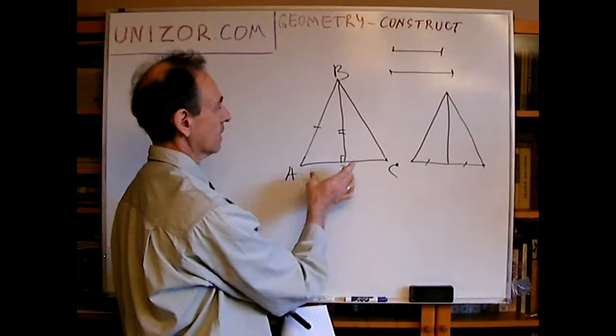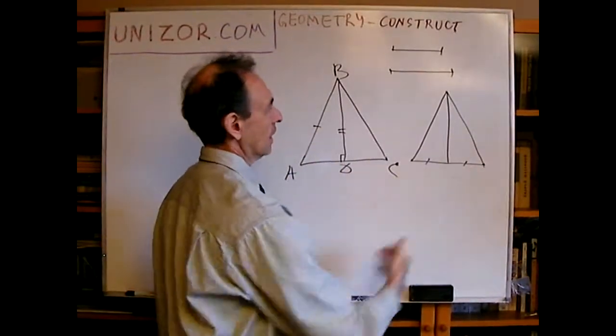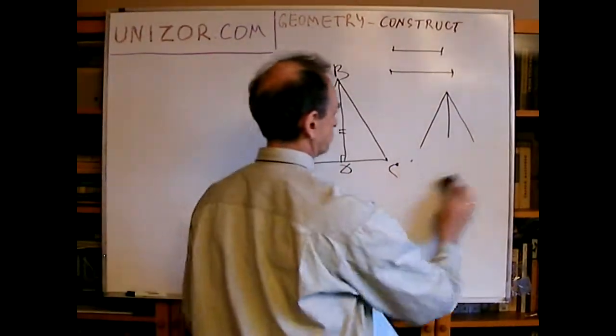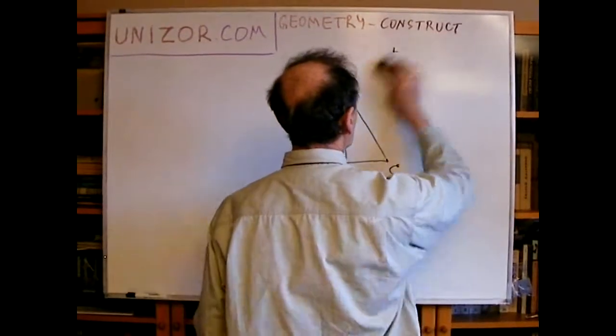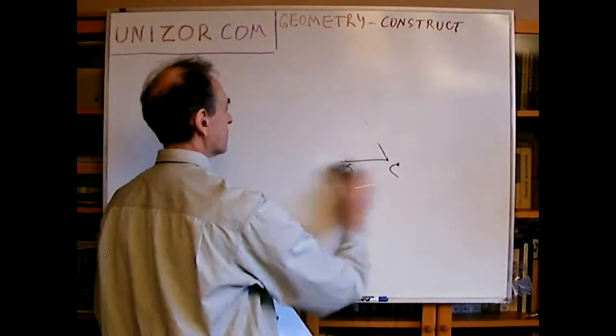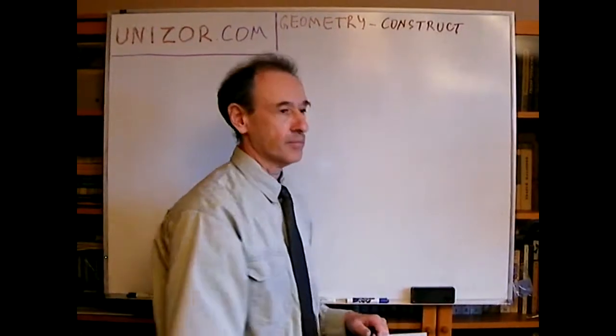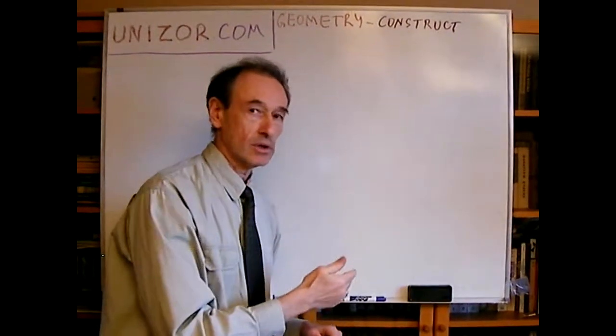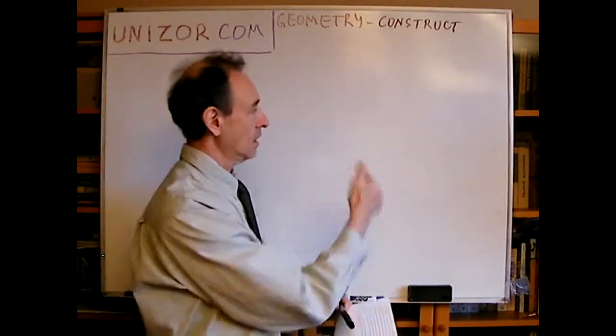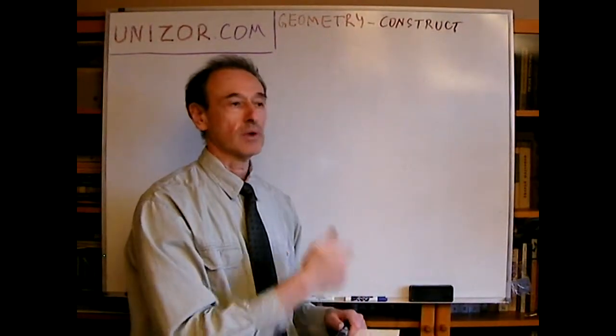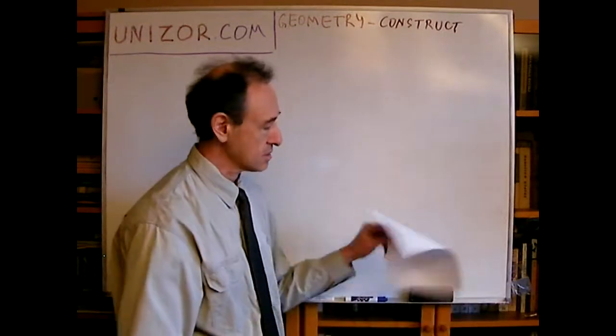Actually, half of the triangle I can construct. Then I continue with another half. And again, notice that I have already used one of my construction problems, which I have done earlier about right triangles, in the subsequent construction problem when I had to construct an isosceles triangle.